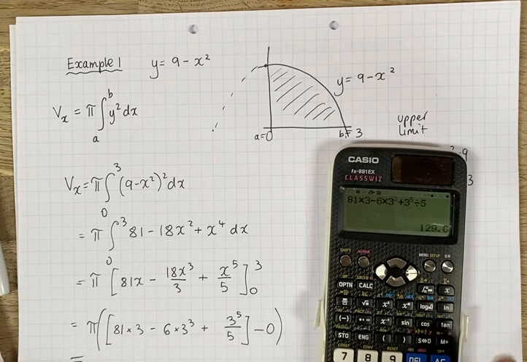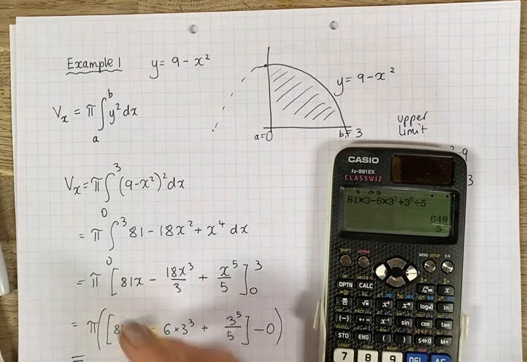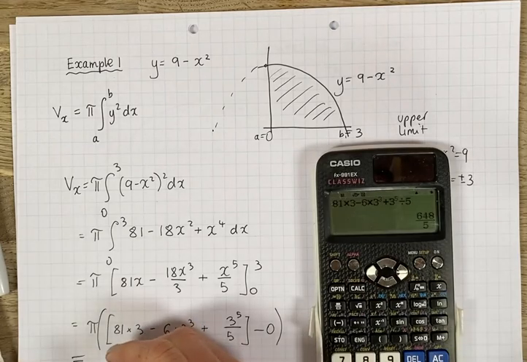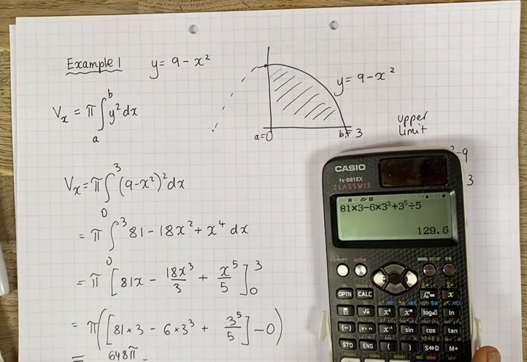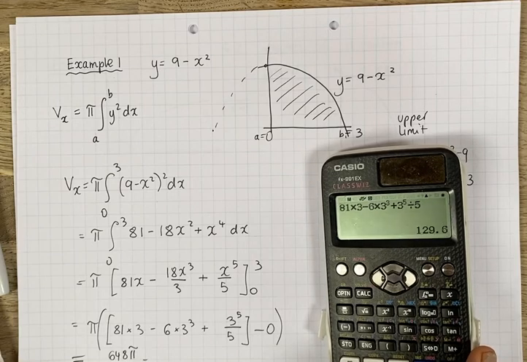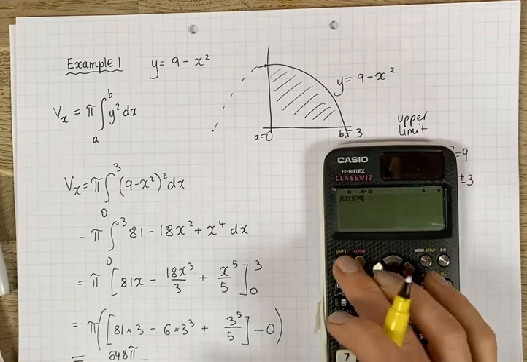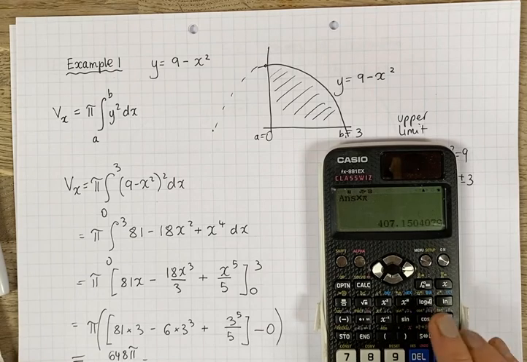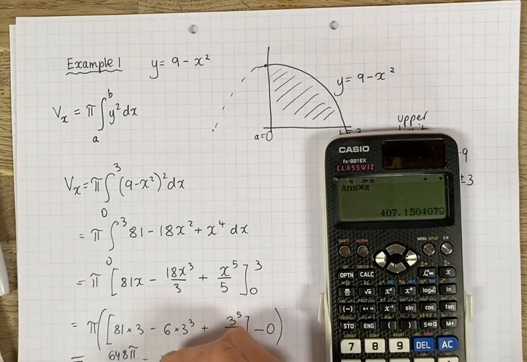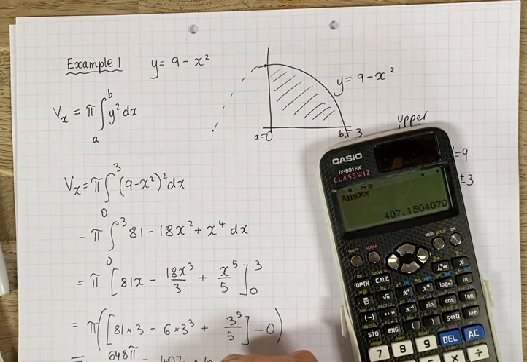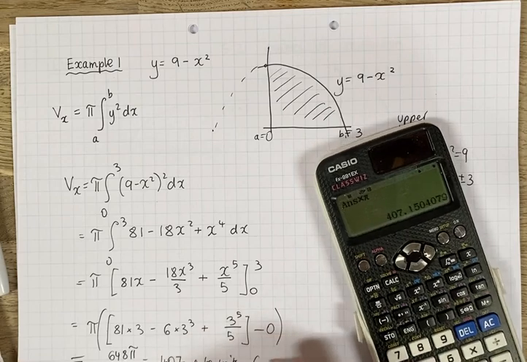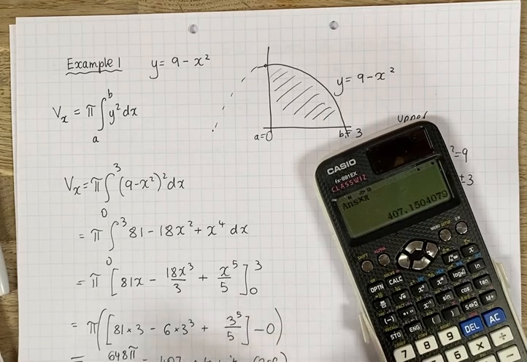So it's 129.6 pi, or 648 pi over 5. Now it might be appropriate to multiply by pi, giving 407 cubic units to 3 significant figures. There you go.